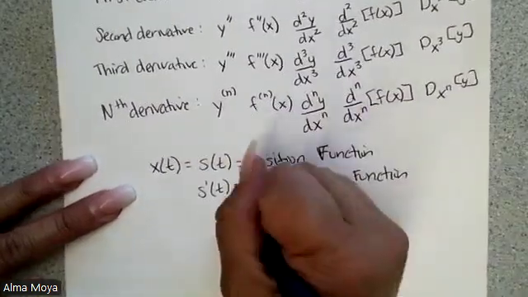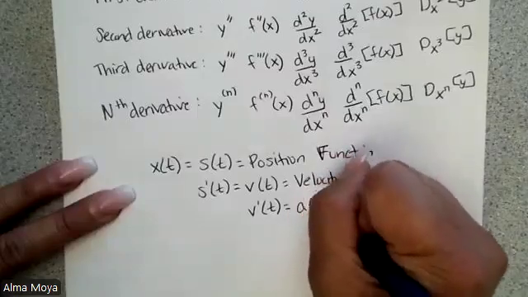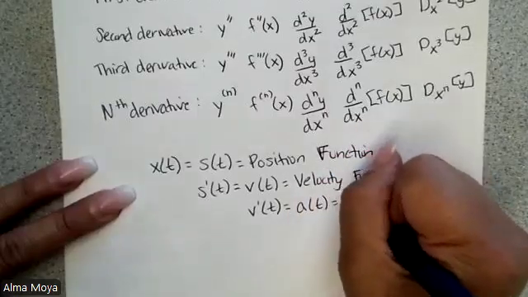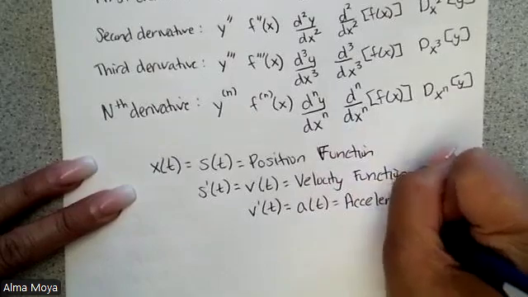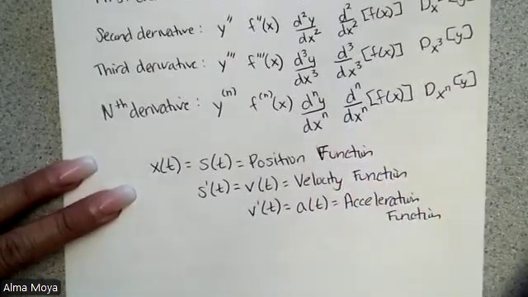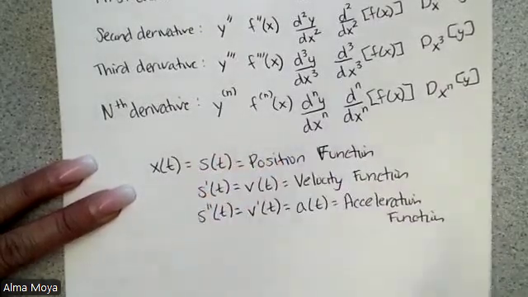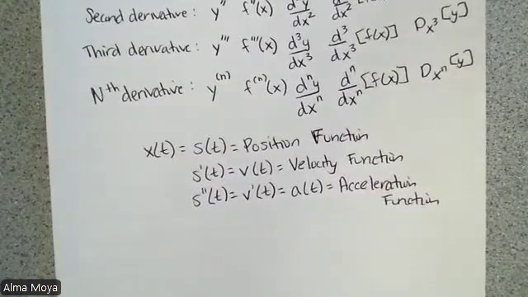And if you take the derivative of the velocity function, that's going to give you the acceleration, which happens to be the second derivative of the position. And that concludes our notes.